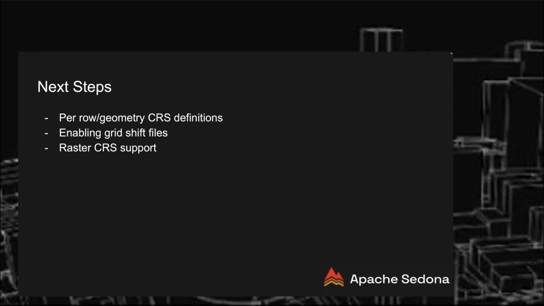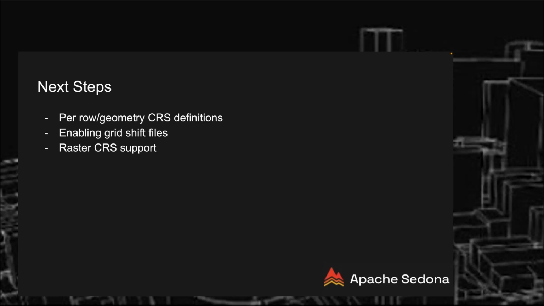These files provide local datum corrections for sub-meter precision, which is crucial for engineering, surveying, and government applications. Finally, we're looking towards CRS support within rasters. This is up and coming, which means that the rasters will interact correctly with vector geometries for operations like clipping.